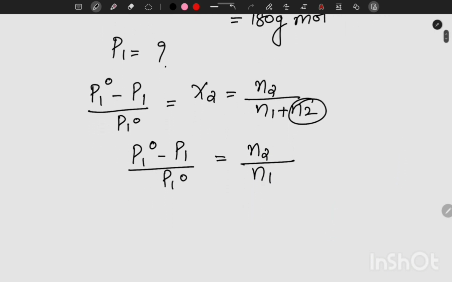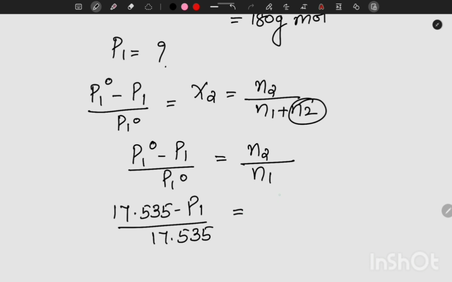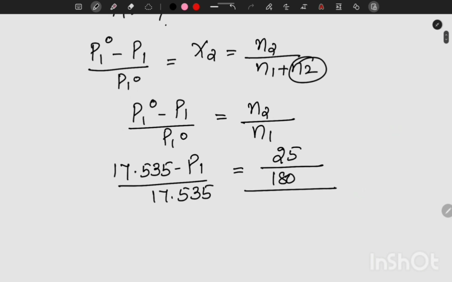Now P1 naught is given as 17.535 minus P1 by 17.535 is equal to mass of solute 25, molar mass 180, divided by mass of solvent 450. Here the solvent is water, its molar mass is 18 gram per mole.